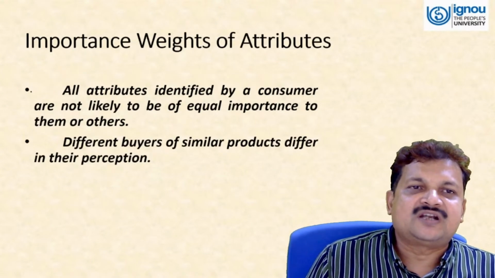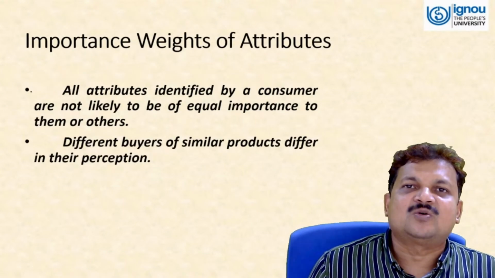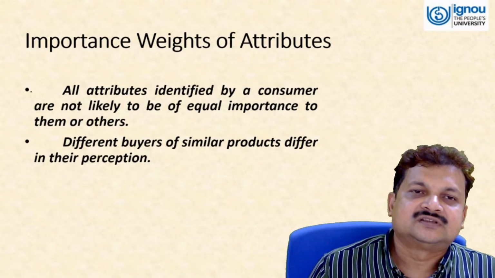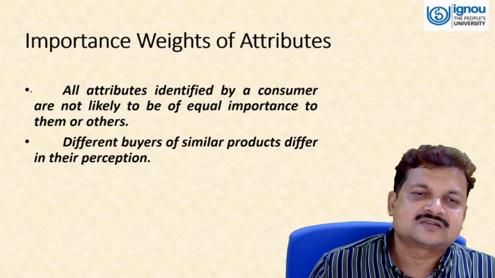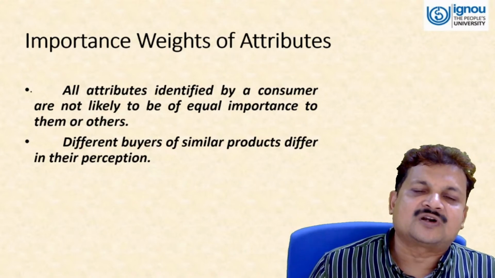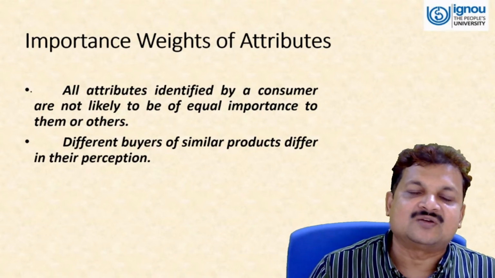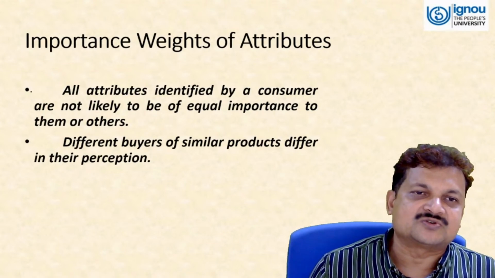Now, importance weights of attributes. How are you giving the weights to the attributes? Like I can say one is the TV screen quality, TV size, TV sound quality. So you give more importance not to the size of the TV, you give more importance to the quality of the TV, means clarity, the clarity in the pictures you are able to see.